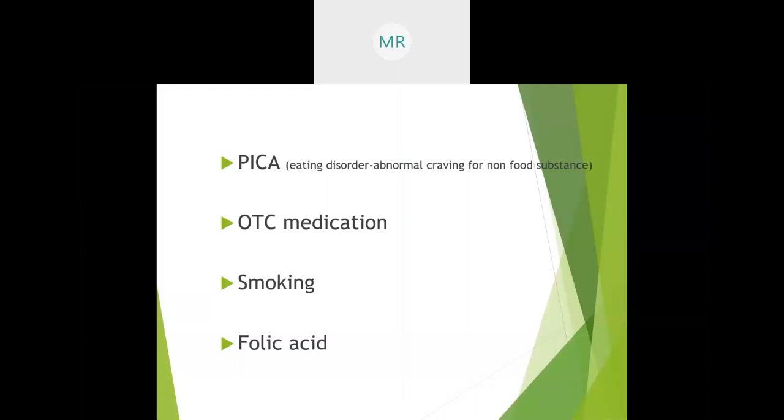This is what the American Academy of Pediatrics recommends: that women take a multivitamin that has 400 micrograms of folic acid in it every day before they get pregnant, at least 3 months before, to prevent neural tube defects, okay, or spina bifida. That is the failure of the spinal cord to fuse together. Because remember what folic acid does. It's the formation of red blood cells rich with oxygen.